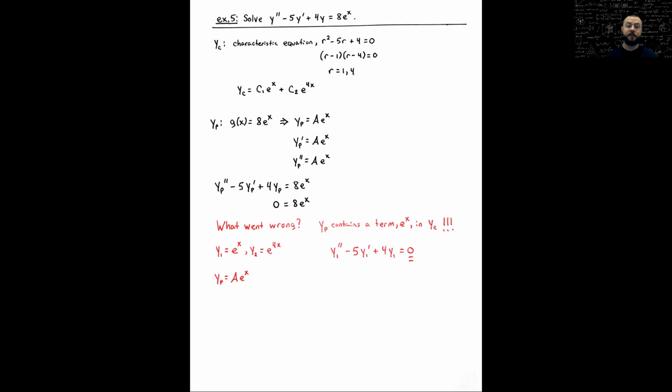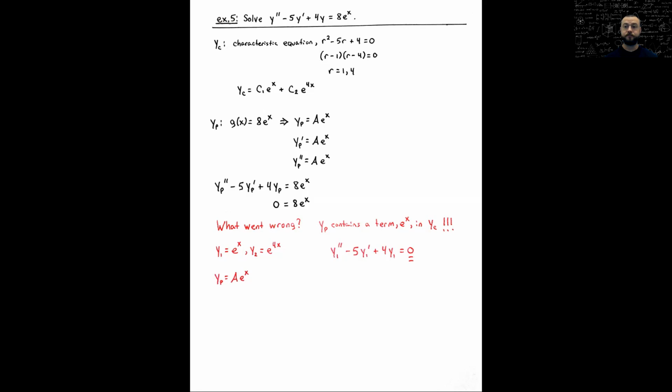Notice your particular solution is the same thing. Yp is or contains e to the x, which is the same type of term as y1. And that's the problem. What we have to be careful of is making sure that our particular solution doesn't contain a term present in the complementary solution.